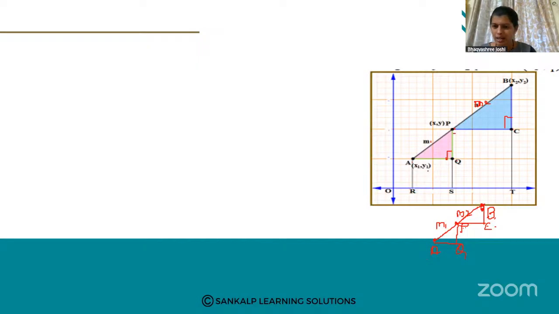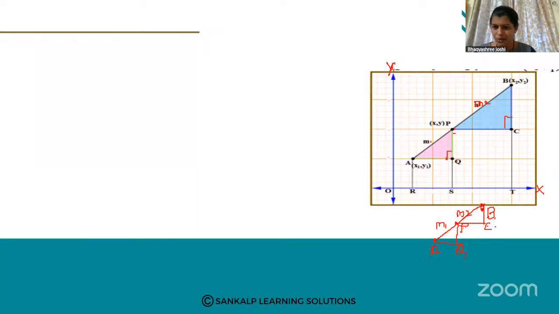Now, this is the y-axis, this is the x-axis, and this is the origin, right? Now, if you drag this downward, what will you get? One rectangle, right?